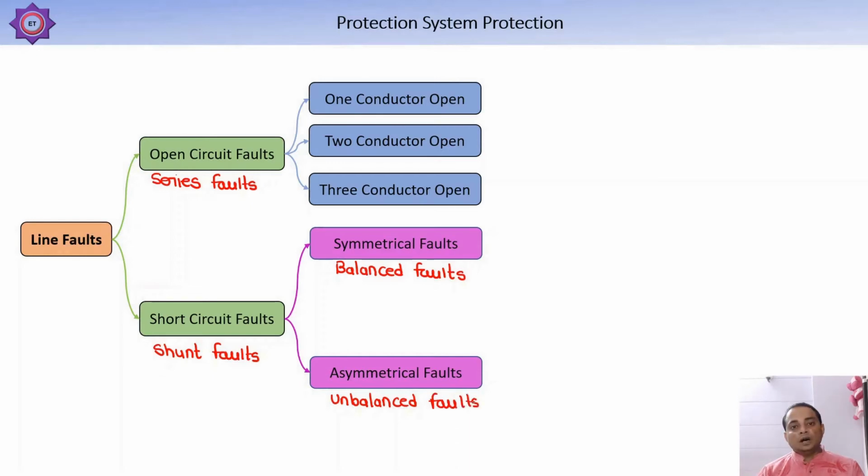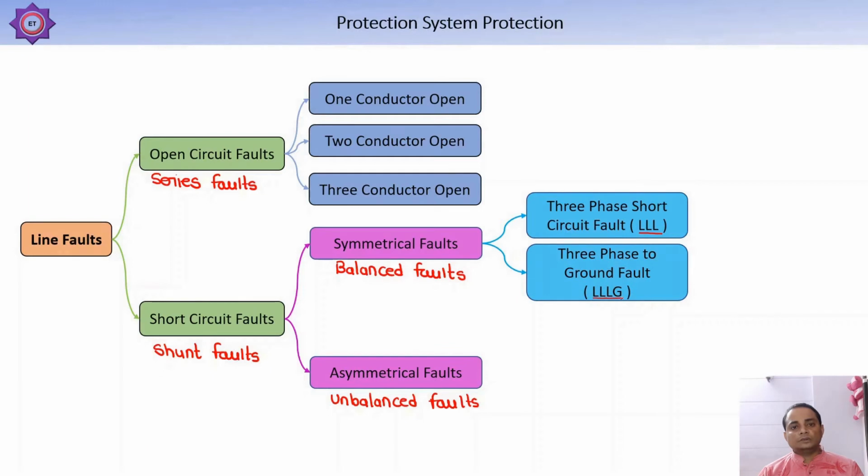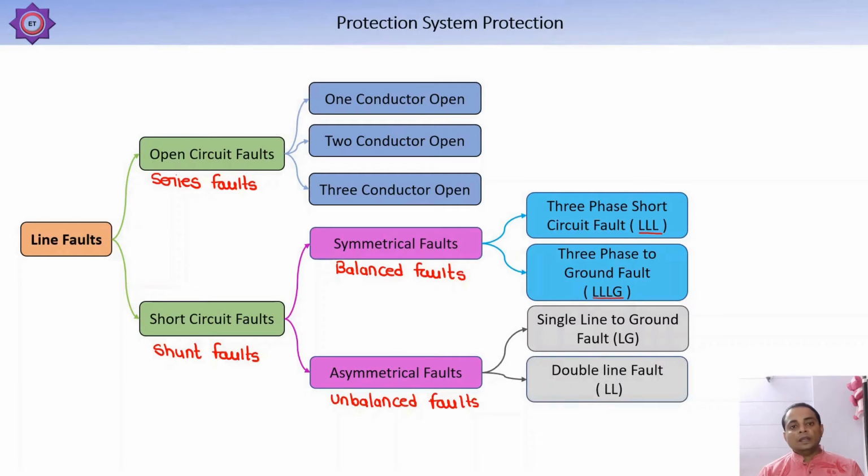Symmetrical faults are also divided into two parts. It may be a three-phase fault or three-phase to ground fault. While the asymmetrical faults are further divided into three parts. First one is single line to ground fault, second one is line to line fault, and third one is double line to ground fault.